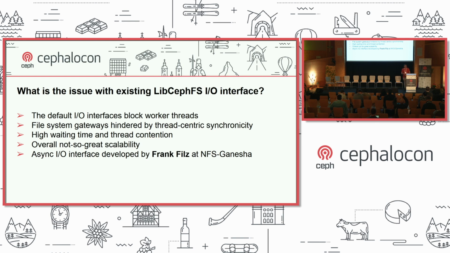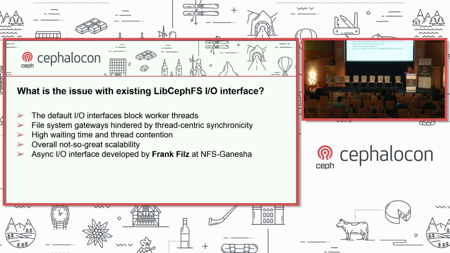And in cases of long I/O, because maybe the network is laggy or the I/O is huge, the thread can spend a lot of time in the idle state, waiting state, which is definitely not good. Hence, the scalability takes a hit, and because of this, Frank Filz at NFS-Ganesha led to the development of Async I/O, the asynchronous I/O interface within Libcephfs.